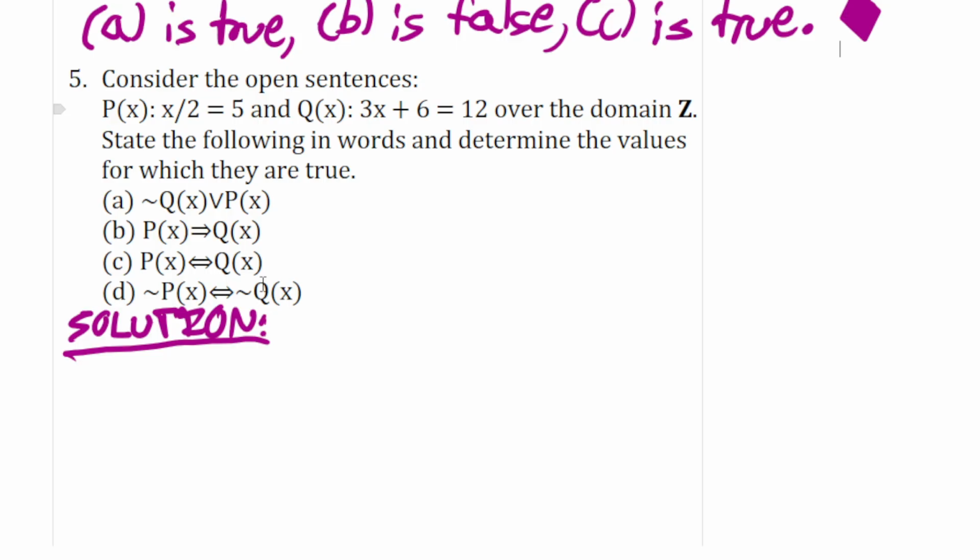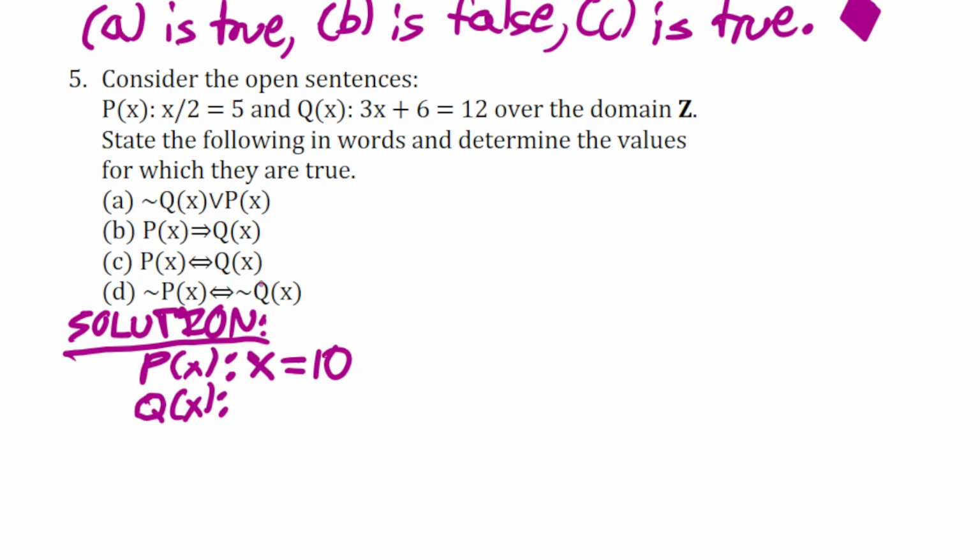Okay, let's first start this problem off by rewriting these open sentences. So we can rewrite that as x equals 10, because we can just multiply the 2 to the other side of the equation.